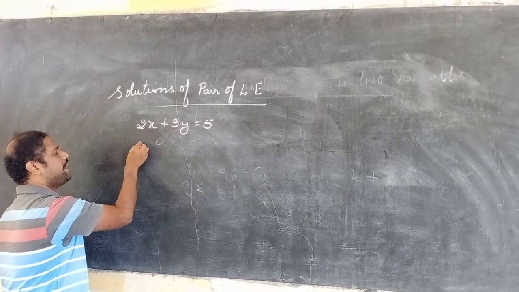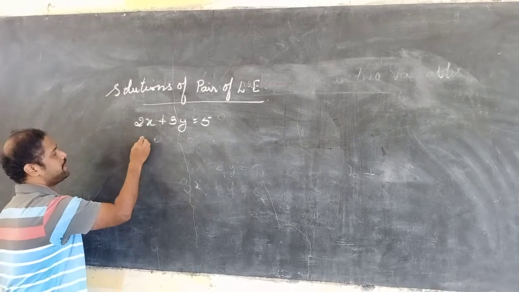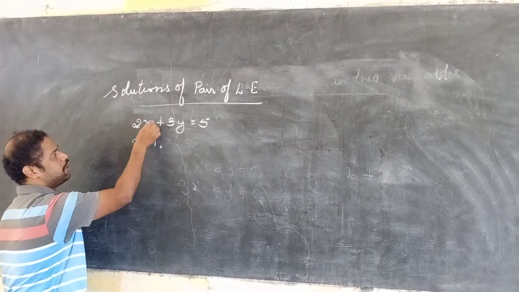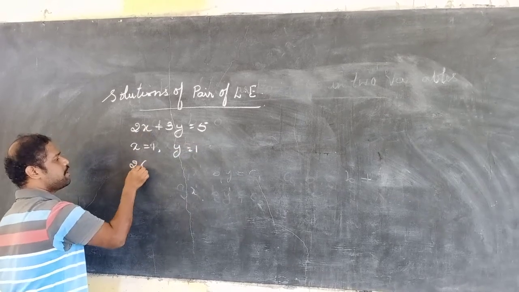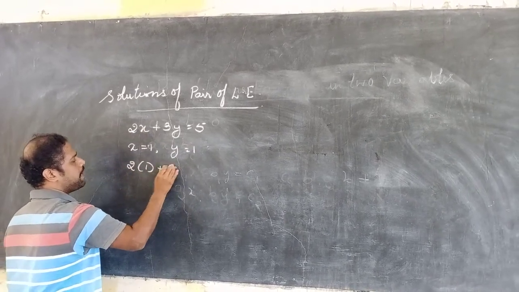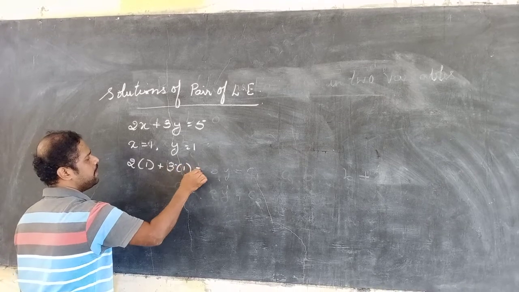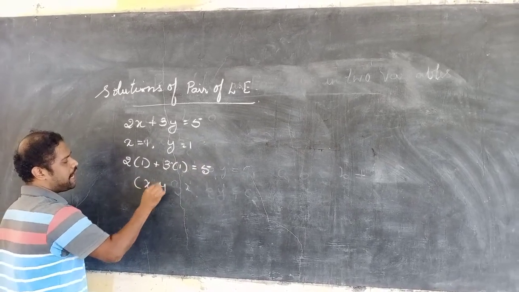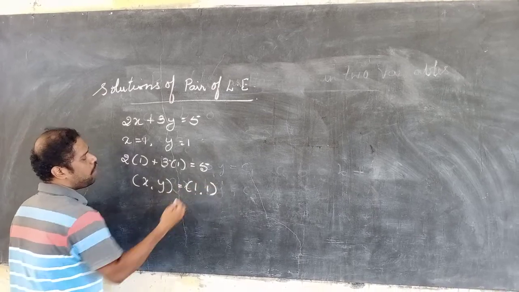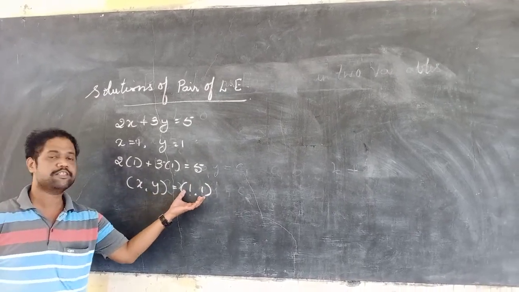So by inspection method, whenever x is equal to 1 and y is equal to 1, then this equation will be 2 into 1 plus 3 into 1, that is equal to 5. Therefore, the solution set (x, y) is equal to (1, 1). So this is called a solution.